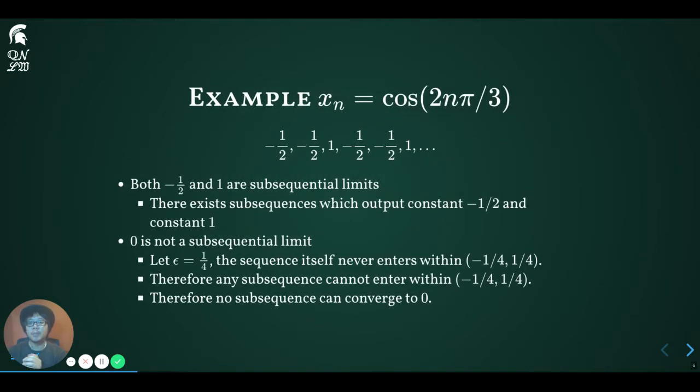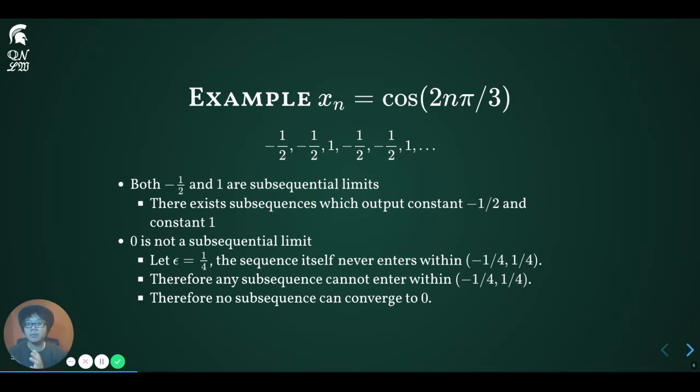Let's illustrate this by returning to an example we visited in lecture 1. The sequence cosine 2n pi over 3. As we discussed in lecture 1, because the term minus 1/2 and the term 1 each appear infinitely often in this sequence, there exist constant subsequences outputting each of the two numbers.